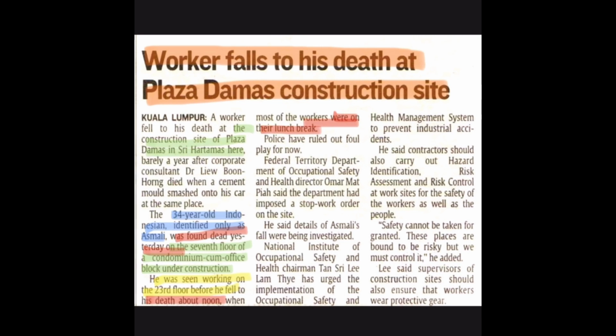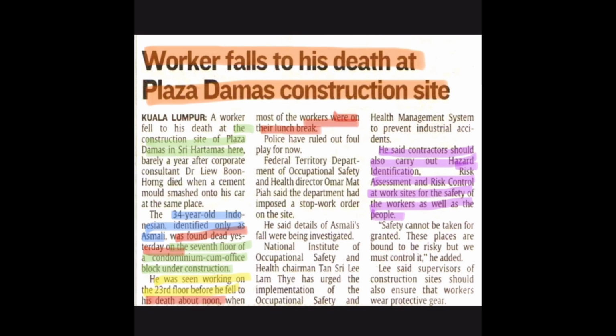And the last one is how. Usually, how is the factor, the stressor on why this accident happened. You can get the clue from this article. If you can see here, the chairman of NIOSH, Tan Sri Lee Lam Thai, said contractors should also carry out hazard identification, risk assessment and risk control on the work site for the safety of the workers as well as the people.